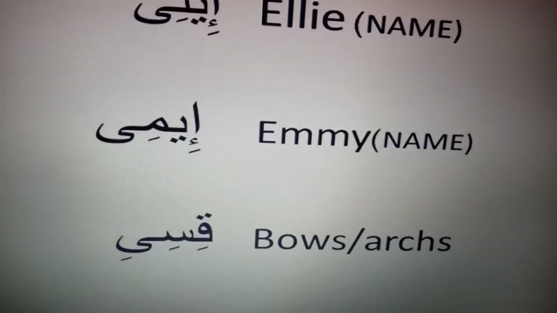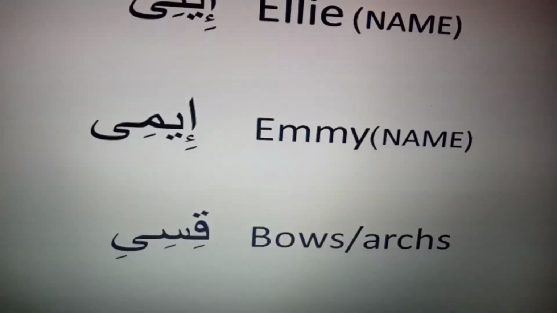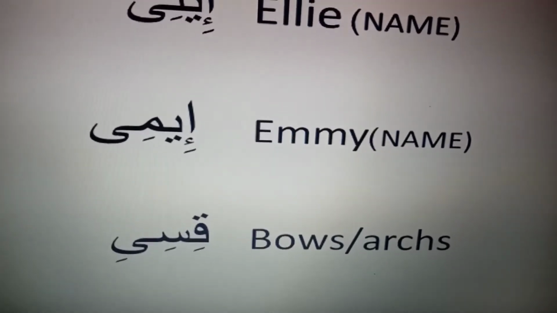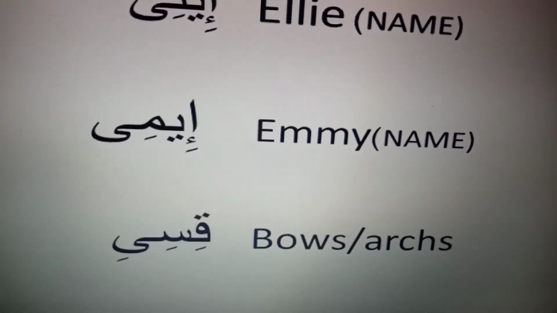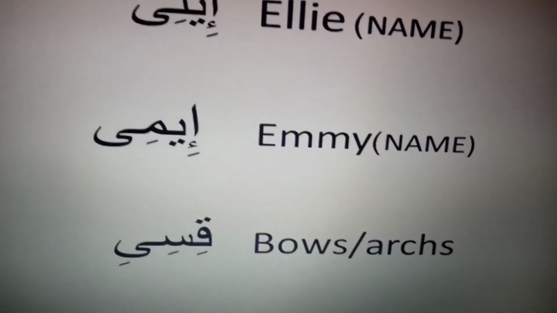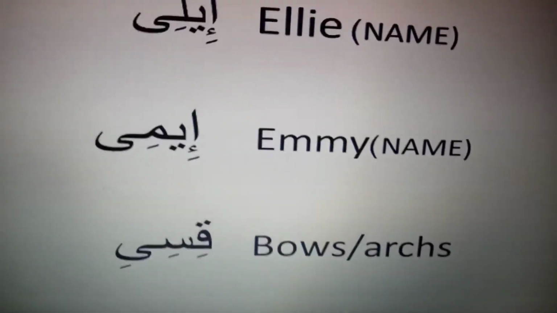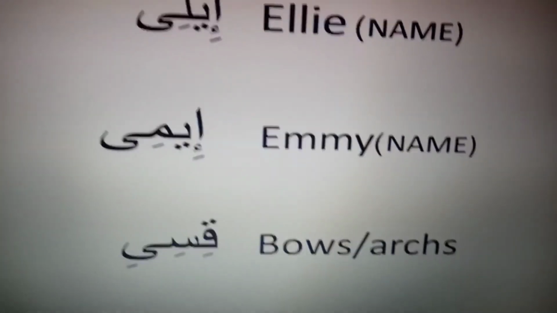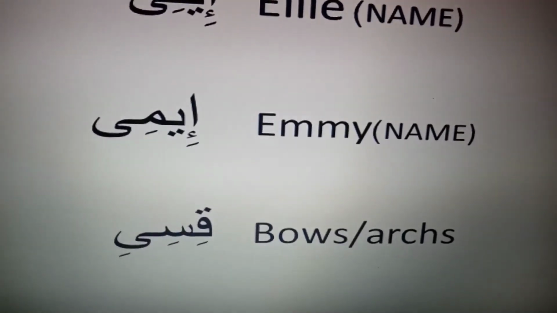Qaf with a kasra below it is pronounced as qi, and sin with a kasra below it is pronounced as si, and ya with a kasra, sorry, ya doesn't have a kasra. We don't write a kasra below the ya. It's a mistake from me. So qaf with a kasra below it is pronounced as qi.